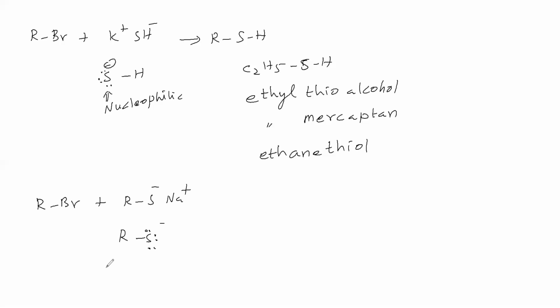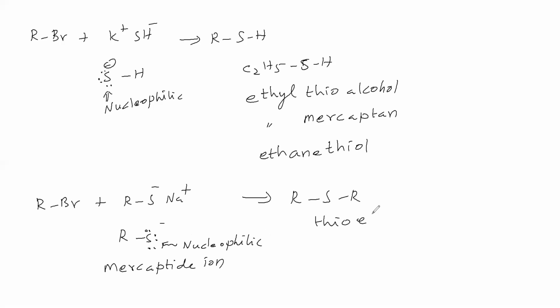Mercaptide ion. This is the nucleophilic center. So what we will get is RSR, which is called thioether. In the place of S, if O is there, that is called ether. S is there, therefore we can say thioether. So we are getting a thioether.